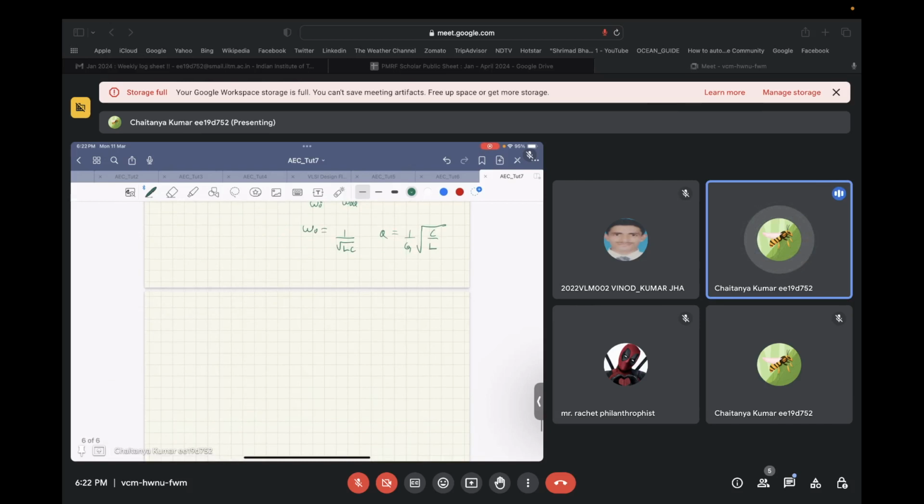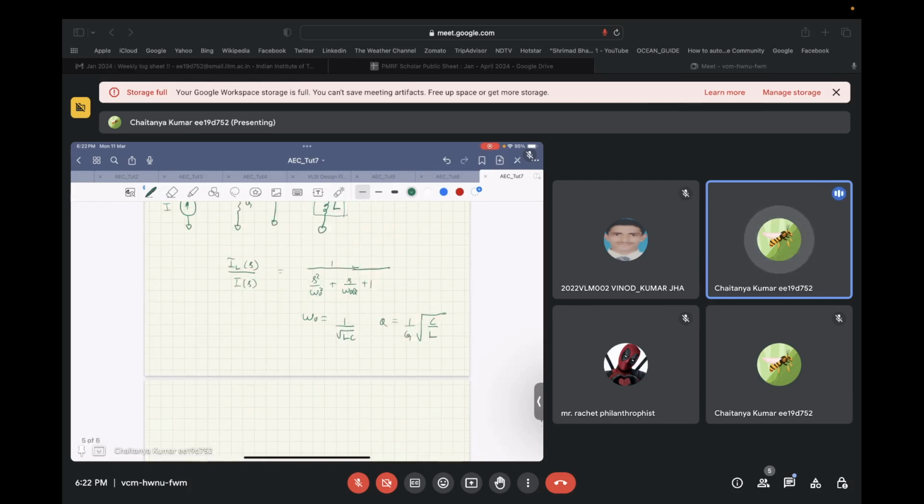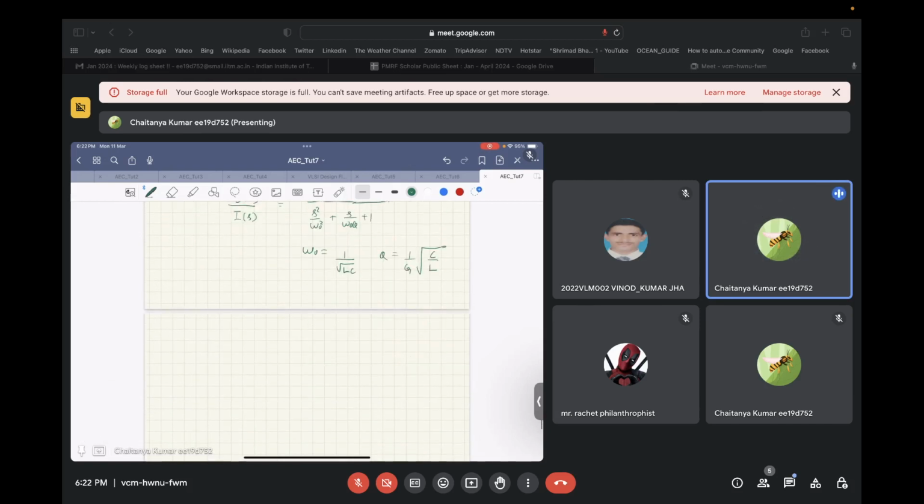let's try to get a circuit. So basically what we want is, we can build a resistance of value 1 by G easily on the integrated circuit. We can build a capacitance of value C easily on the integrated circuit.